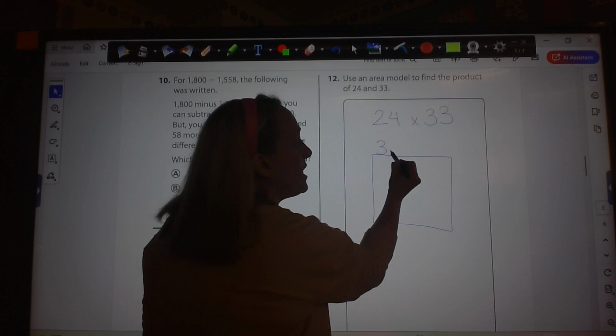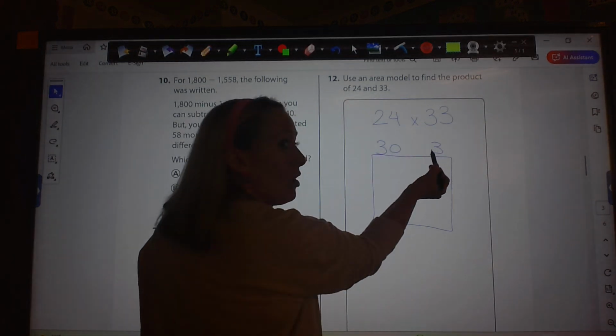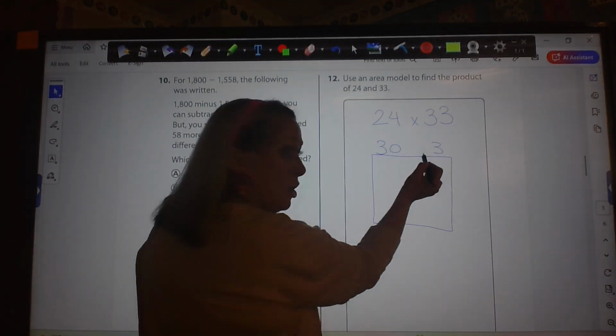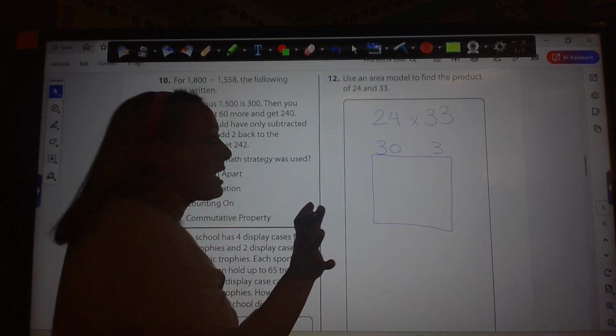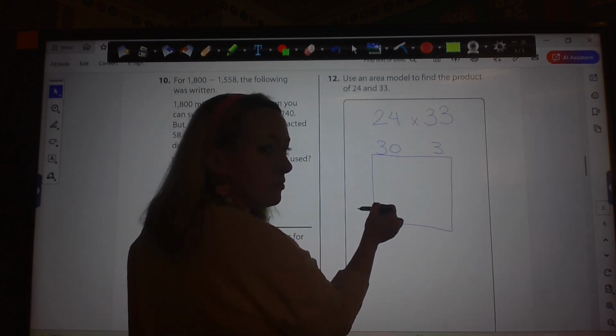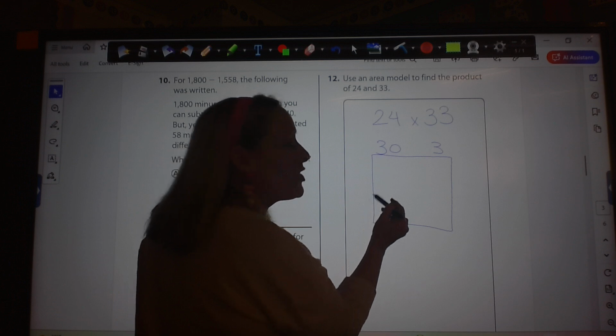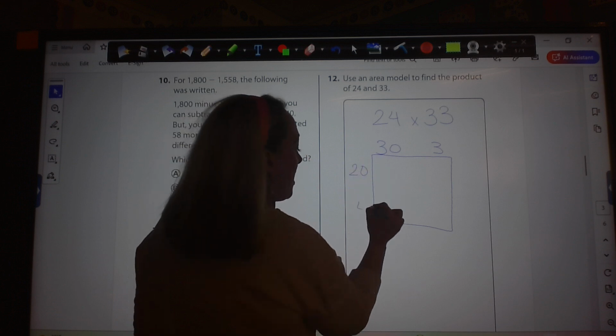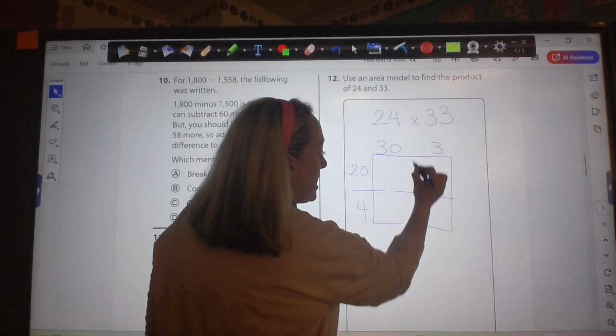Okay, 30 and 3. Does it matter if you did 20 and 4? No. You can do either way. It's going to work out the same. What's going to go here, Lillian? Yeah, very good. 20 and 4. Good job.